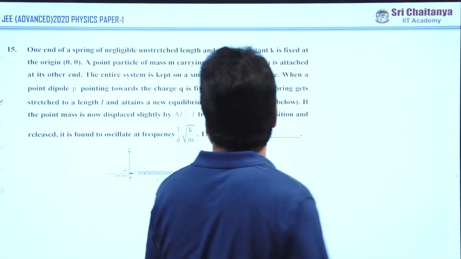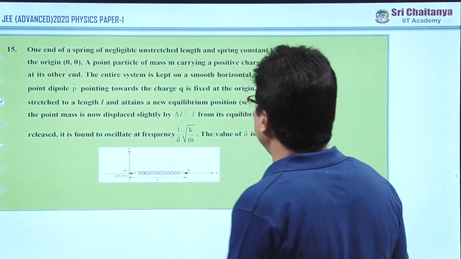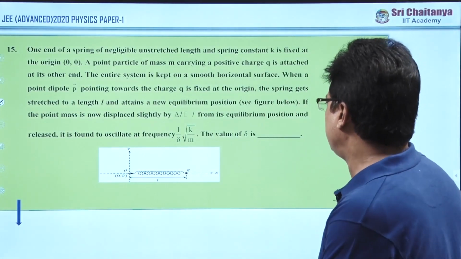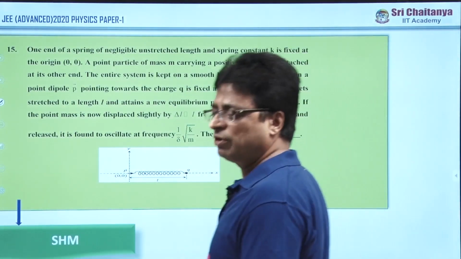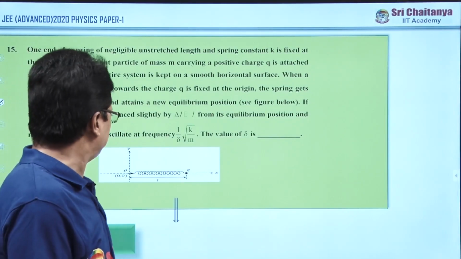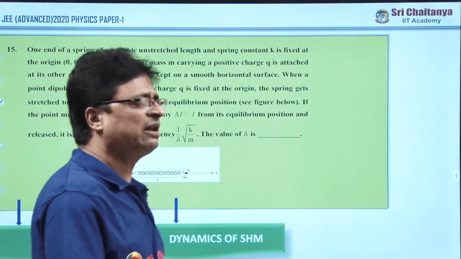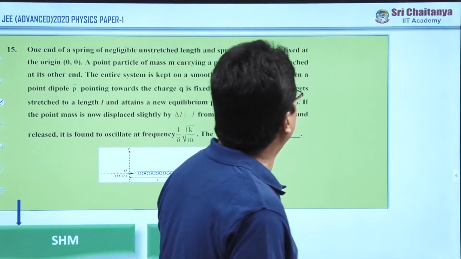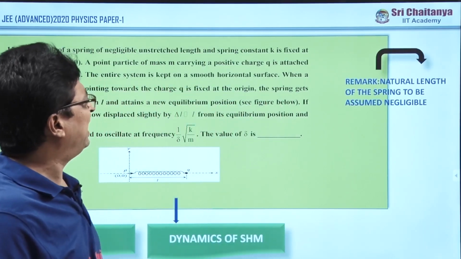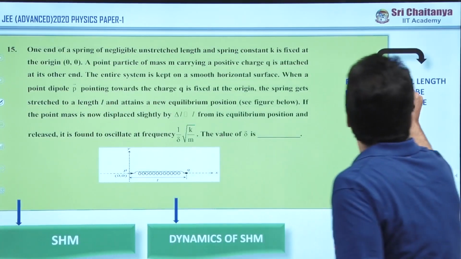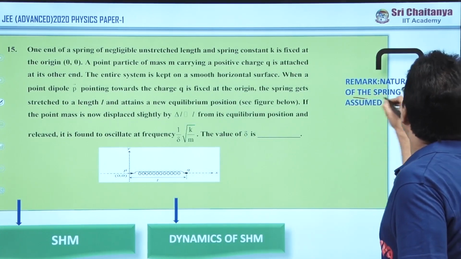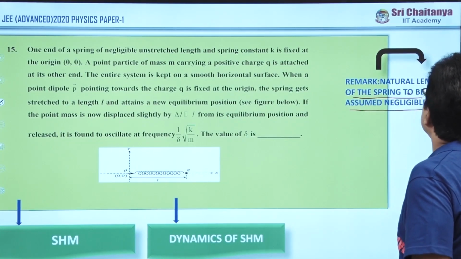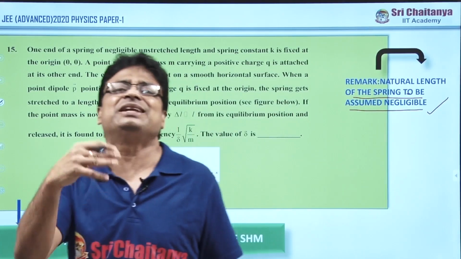Now coming to question number 15. And my friends, here, this chapter is coming under what? Simple harmonic motion, SHM. And the subtopic given under this topic is the dynamics of SHM. And of course, the remark is again here: natural length of the spring, you have to assume it as negligible.